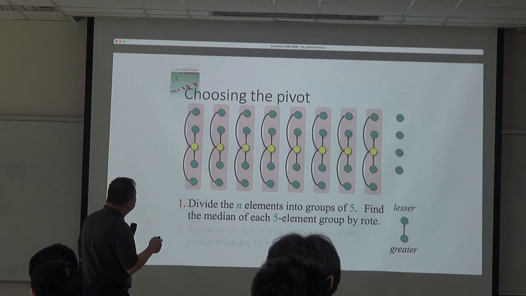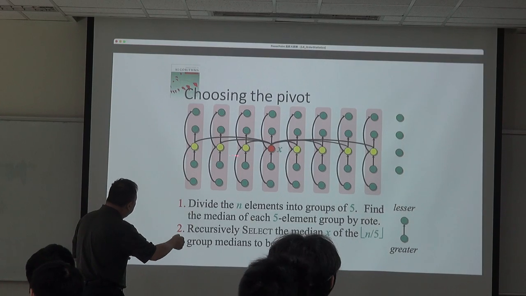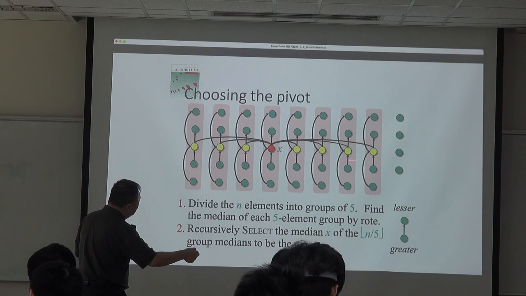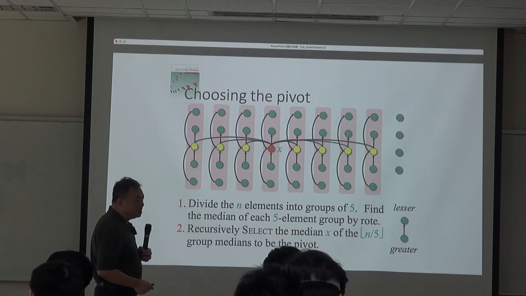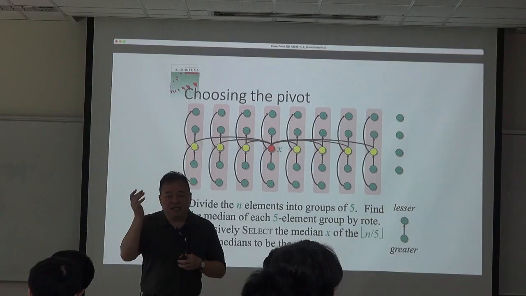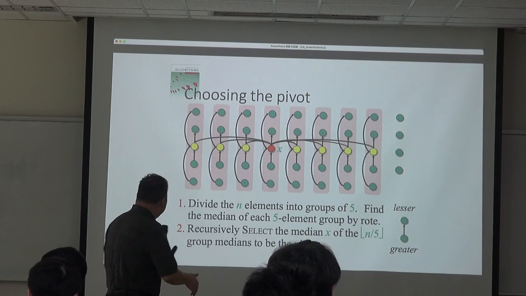Okay. So basically, we assume this left-hand side median are smaller than this red element, and right-hand side medians are larger than the red element. But this is not necessarily the case, right? As I said, these are medians, and the numbers are really not sorted.